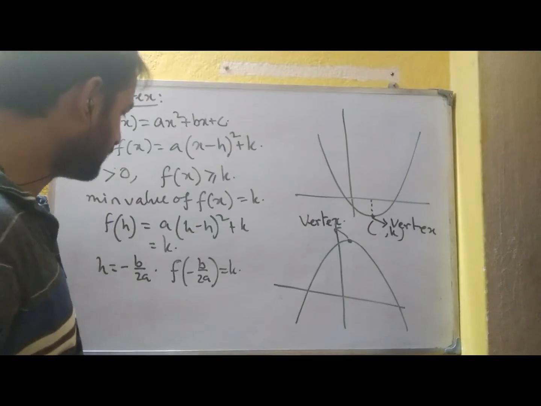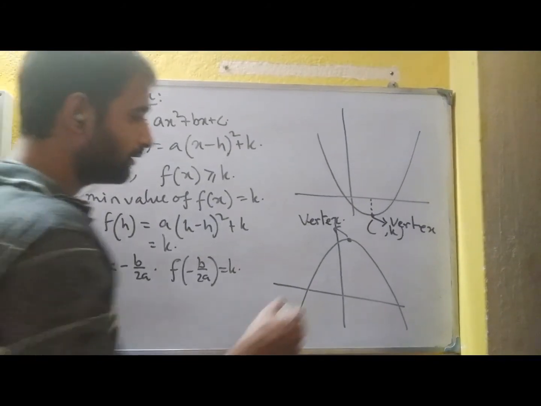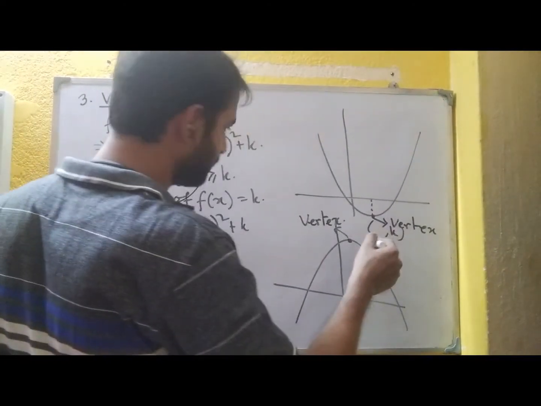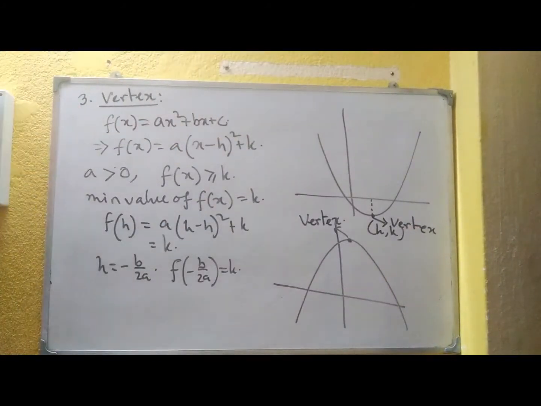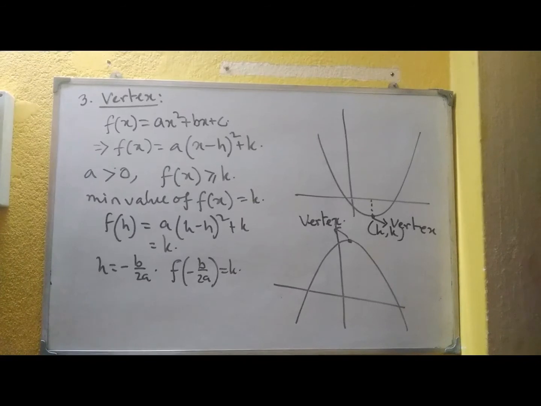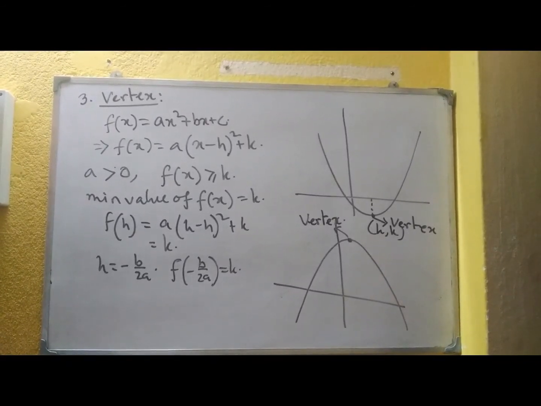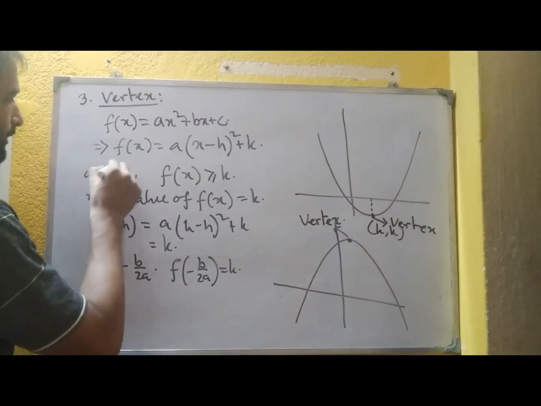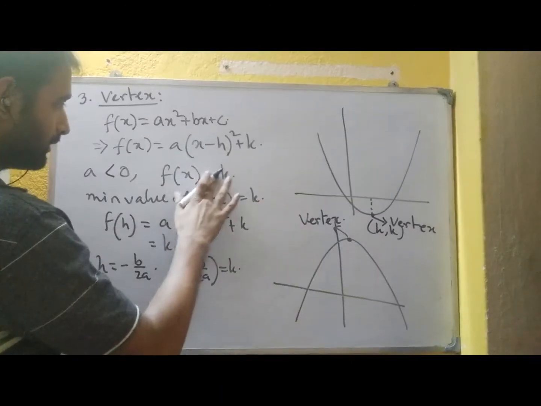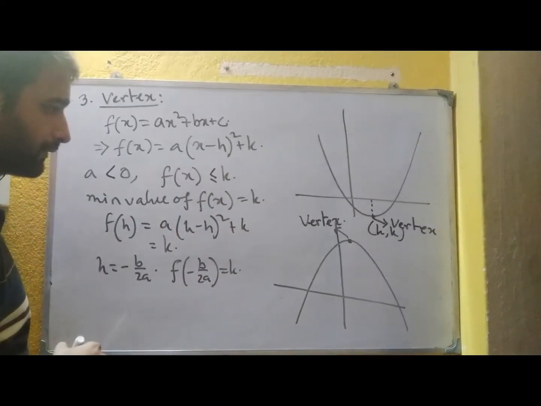So you can see from here that the point which has the minimum value of the graph is nothing but h comma k. So you can say the vertex will be h comma k. And in the same way, when it has the maximum value, that is when a is less than 0, you will see f(x) is less than or equal to k.